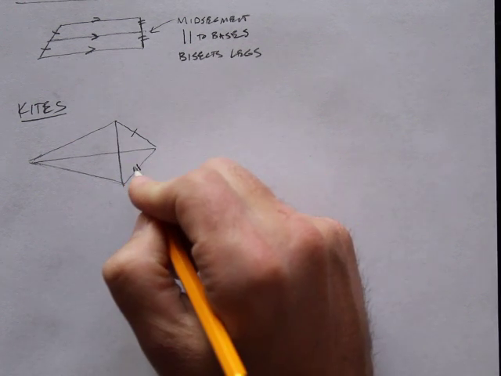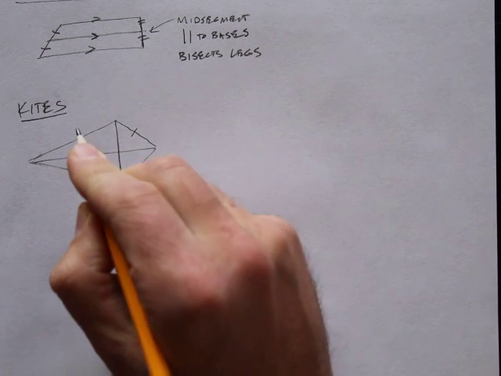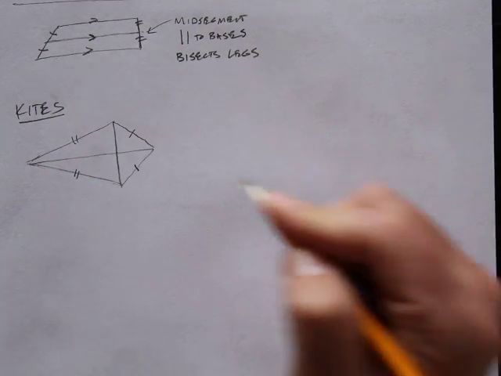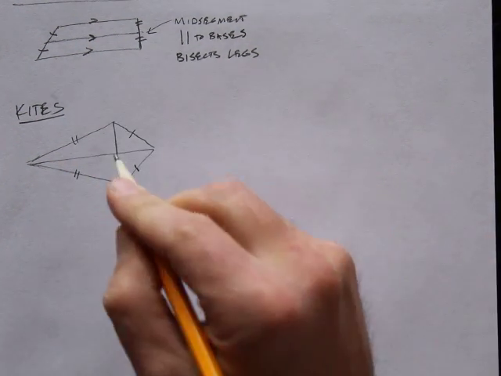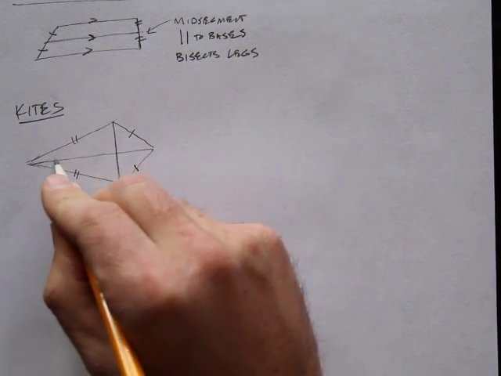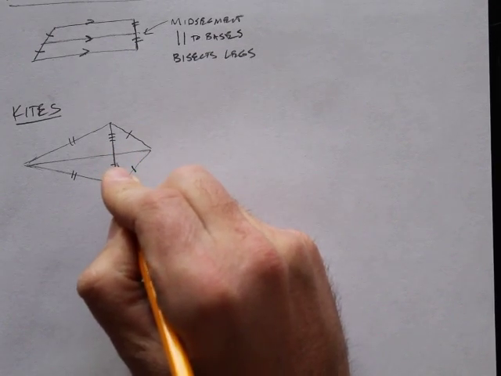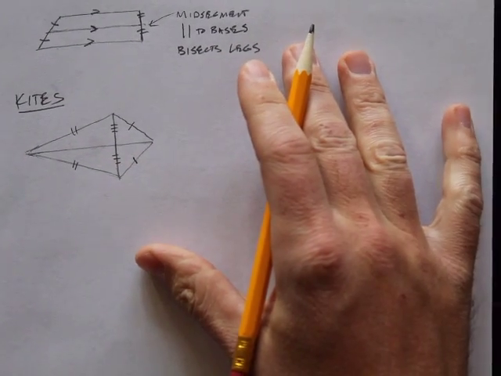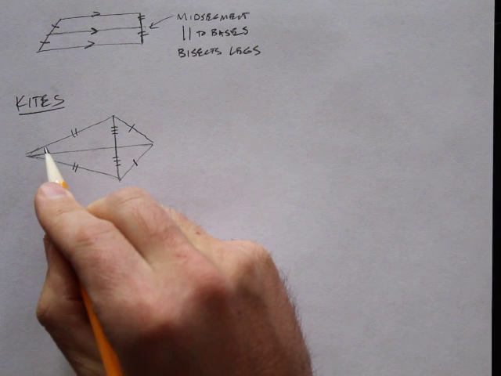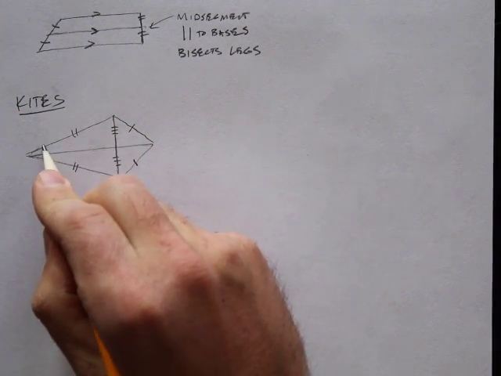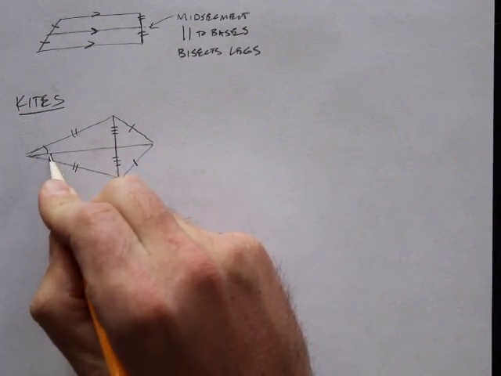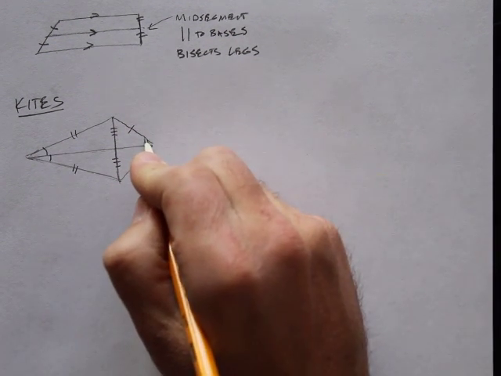I've got these two segments are congruent. These two long segments here are congruent. This diagonal bisects this diagonal. This diagonal bisects this angle and this angle.